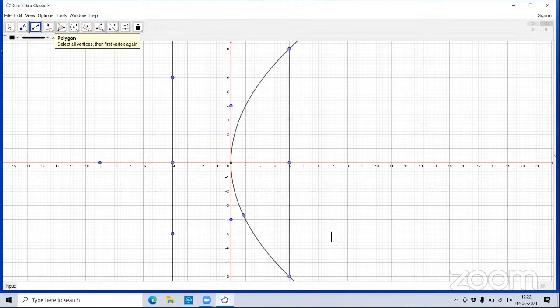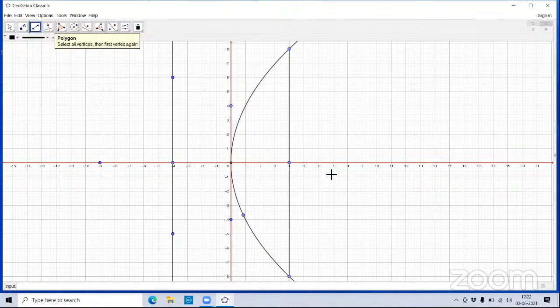See here, children. This is the chord which is passing through the focus and is perpendicular to the axis of the parabola. Therefore, this is a double ordinate. And this is a latus rectum. And this is a focal chord.